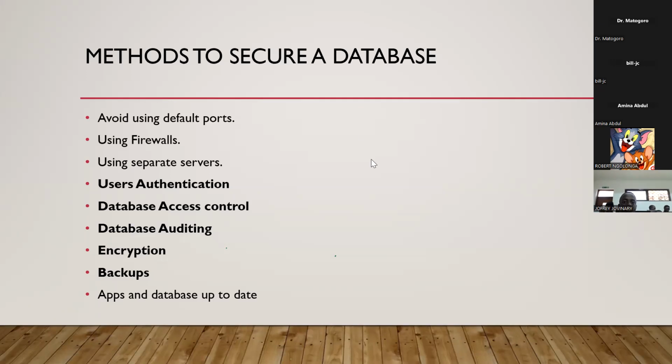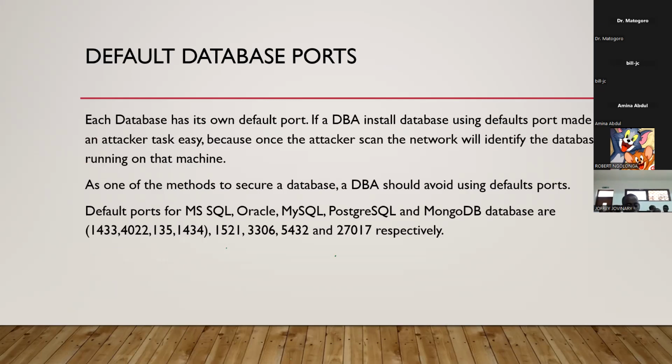Okay, let me proceed. We avoid using default port, using firewall, using separate servers, use authentication, database access control, database auditing, encryption, backups, and keeping apps and database up to date. When we talk about the default database port, each database has its own default port.